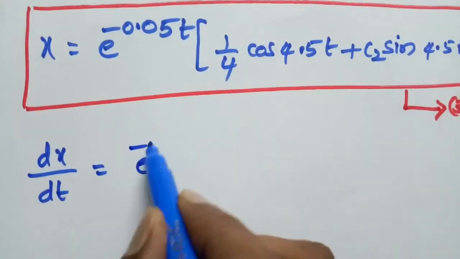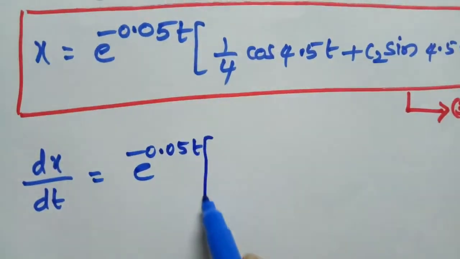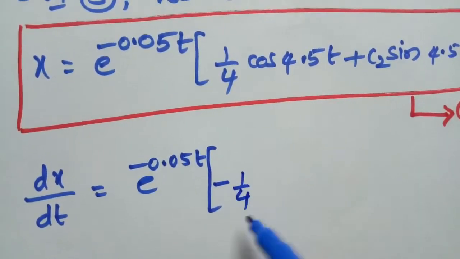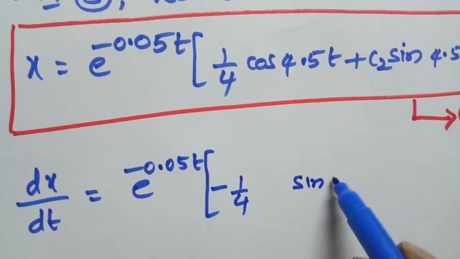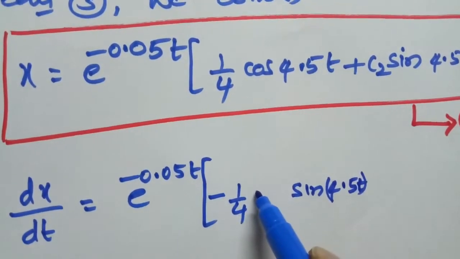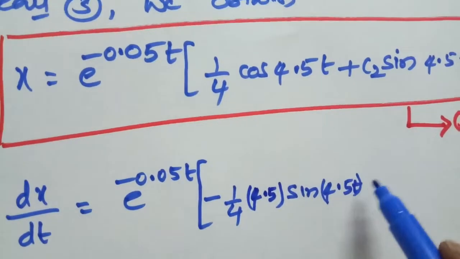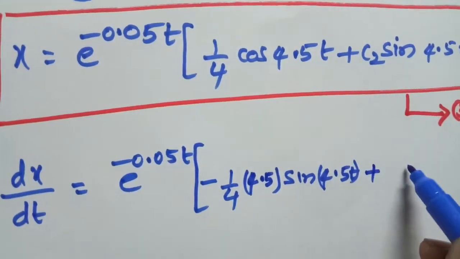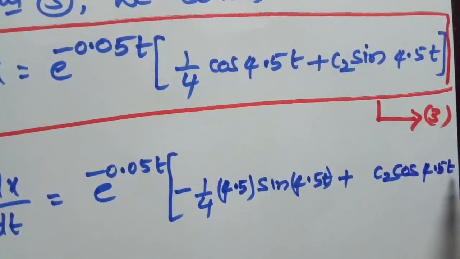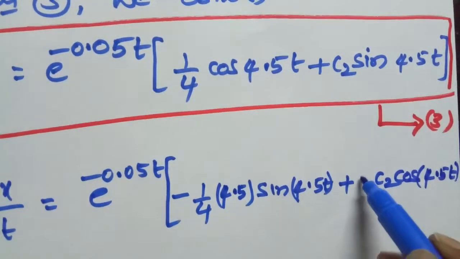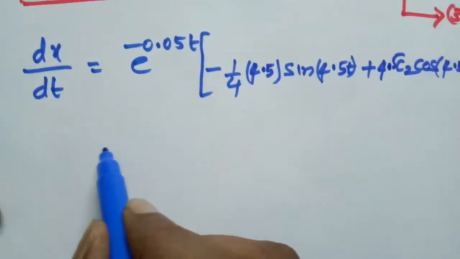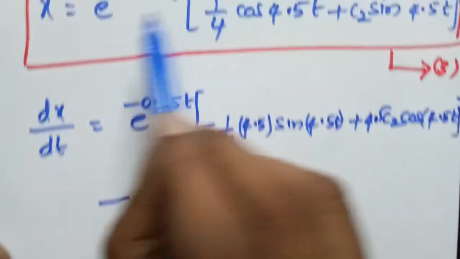Therefore, first u, 0.05t into derivative of cos, minus sin 4.5t into 4.5, plus c2 into derivative of sin, cos 4.5t into derivative of 4.5t, 4.5, plus v into derivative of u.